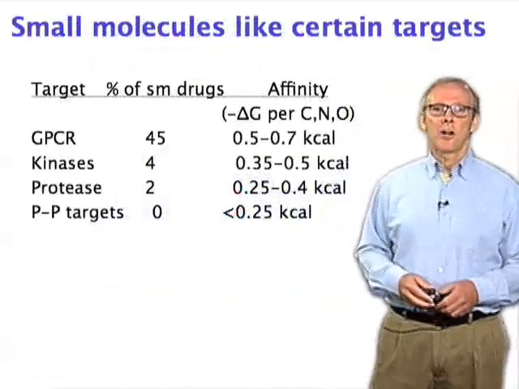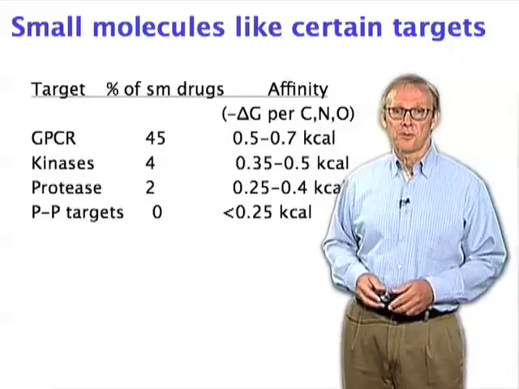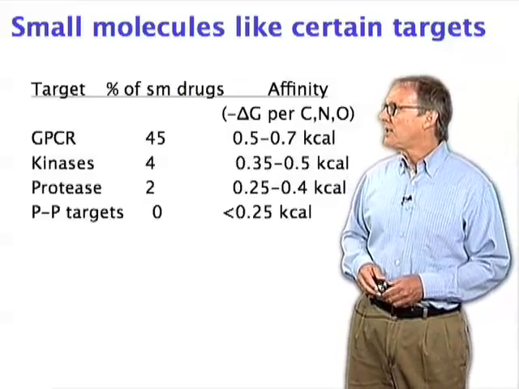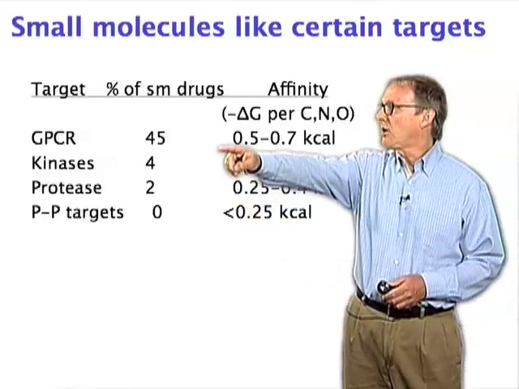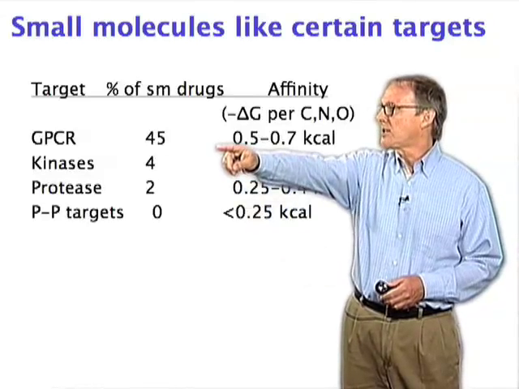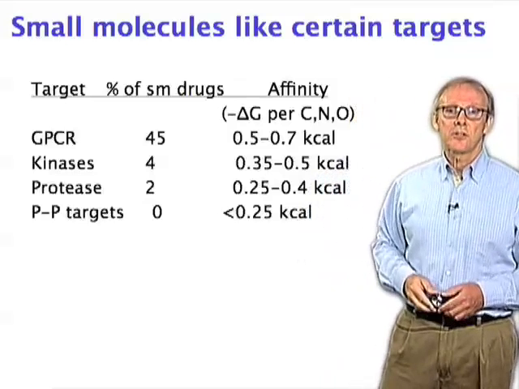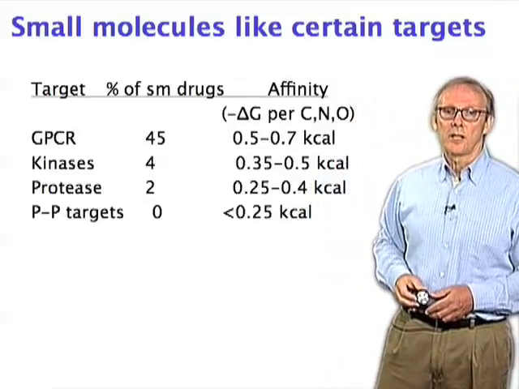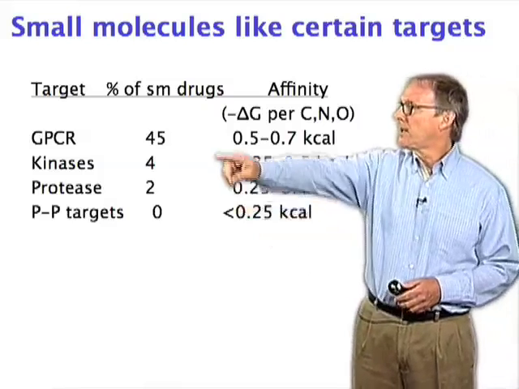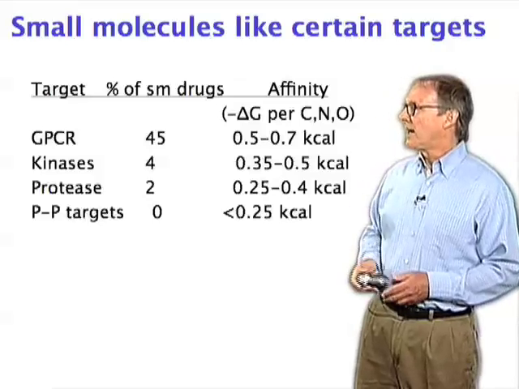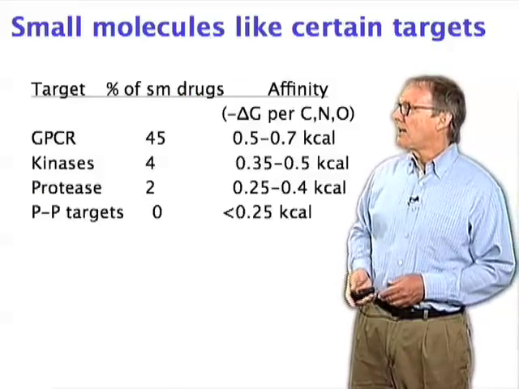Okay, now certain targets really like to bind small molecules. And in fact, one of the favored disease targets are GPCRs, G-coupled protein receptors. They naturally bind small molecules, and they've been traditionally great targets for going after for small molecules. And in fact, about 45% of the approved drugs are GPCRs.